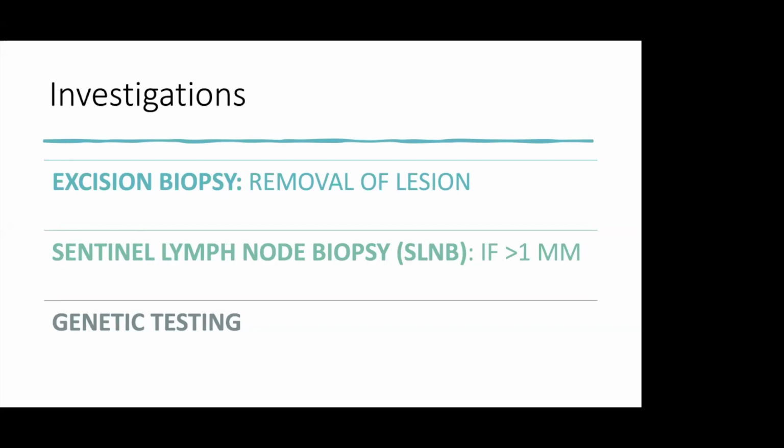In those with more severe disease, we often do genetic testing to look for certain markers that will enable us to direct our treatments in a more targeted fashion, in terms of immunotherapy, for example. But you don't need to worry about those details at this stage.